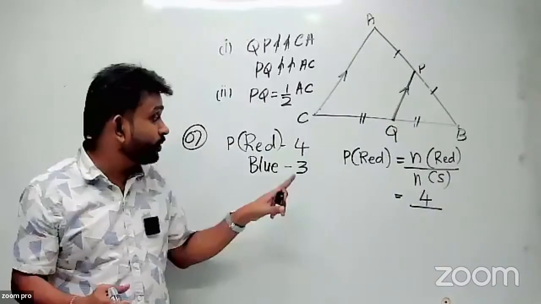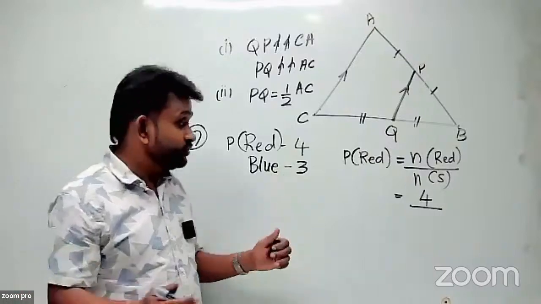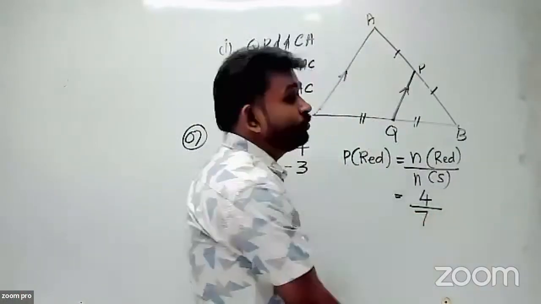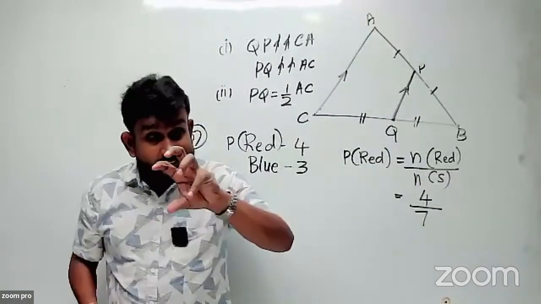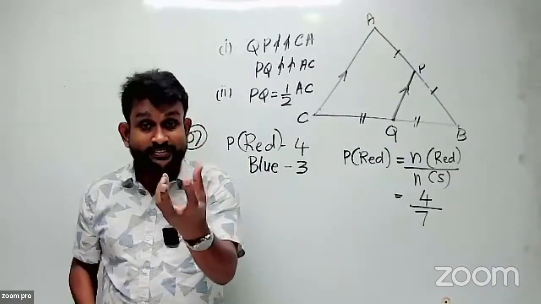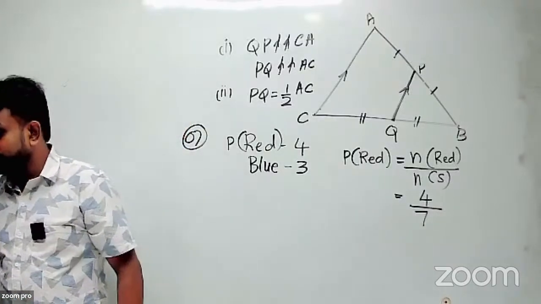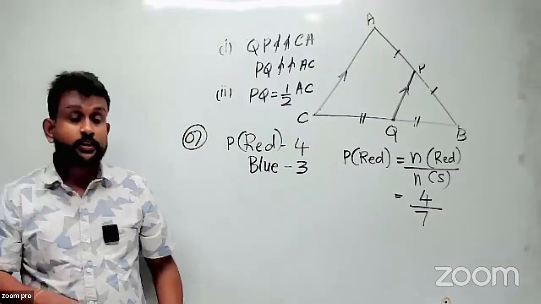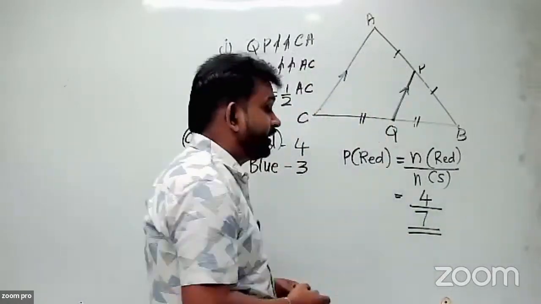What are all the probable results? 4 plus 3, 7 probable results. So 7 is the denominator. Remember, the probability is the number of events of the certain event divided by the total events. Then the answer is 4 upon 7.